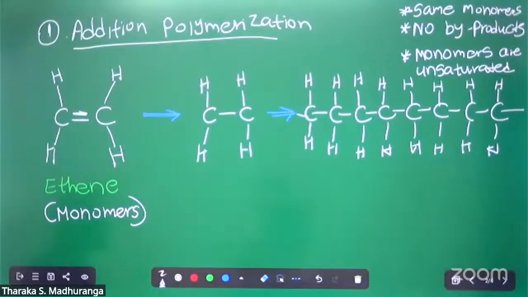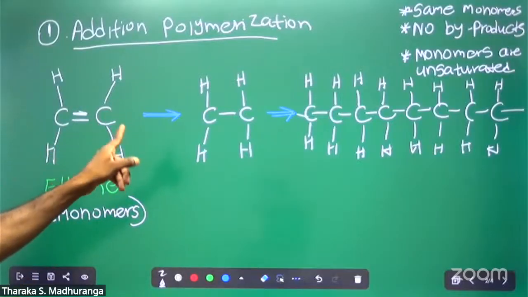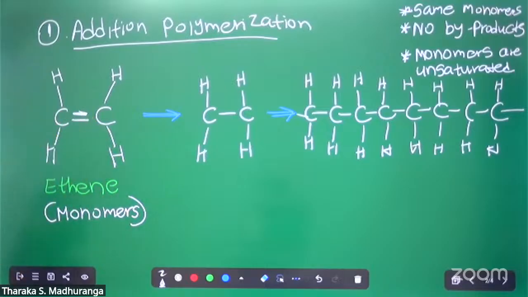If you understood this characteristic, then when I explain condensation polymers you can understand the difference. Quickly say. Yes or no?